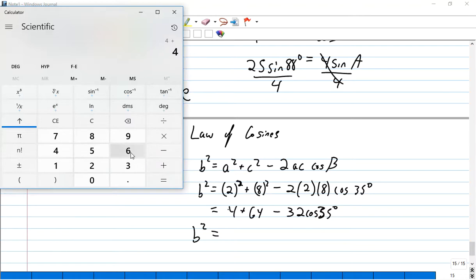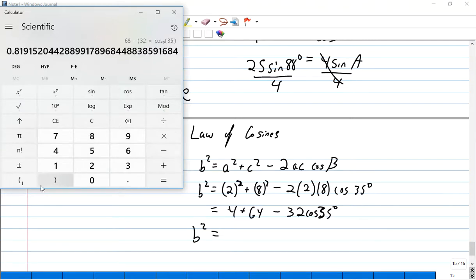So 4 plus 64 minus, I have to be tricky with this, I'm going to put parentheses, 32 times 35 cosine equals.